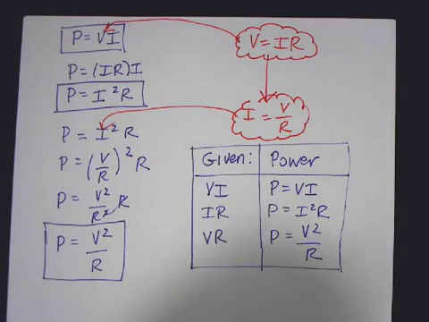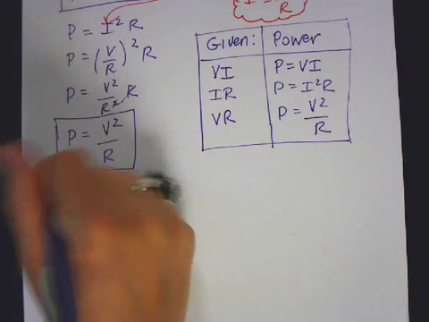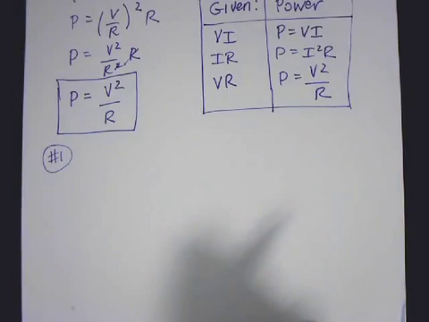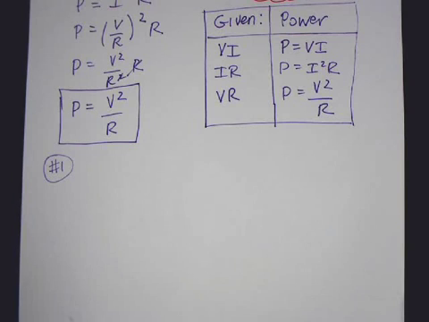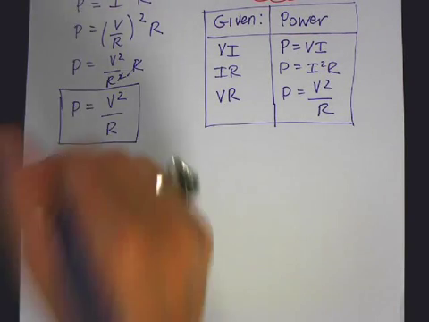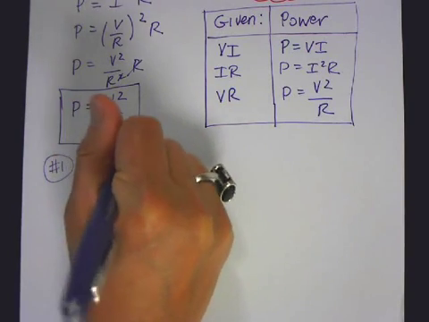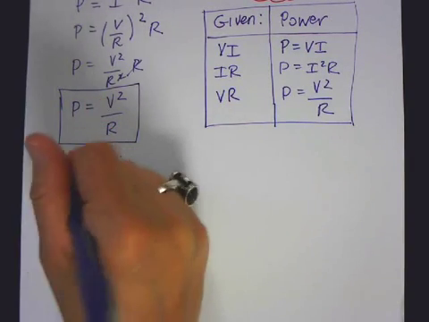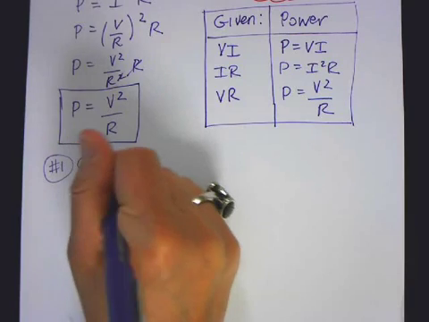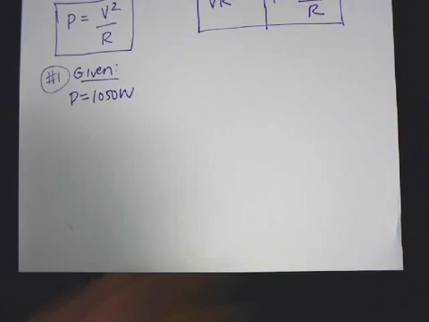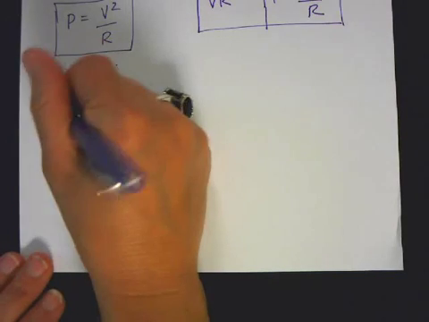All right, number 1. Number 1 says a 1,050 watt electric toaster, so we're given, remember, watts is a measure of power, so the power is equal to 1,050 watts. It operates on a household circuit of 120 volts, so V is equal to 120 volts.